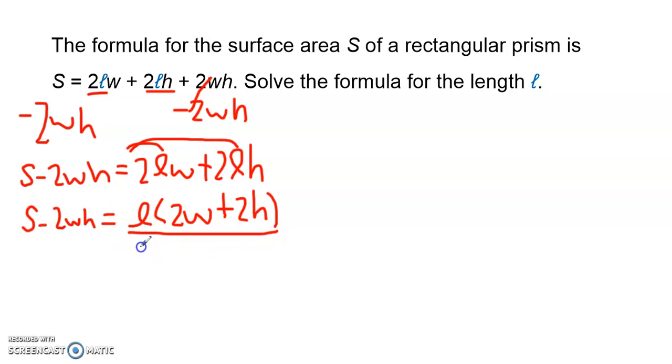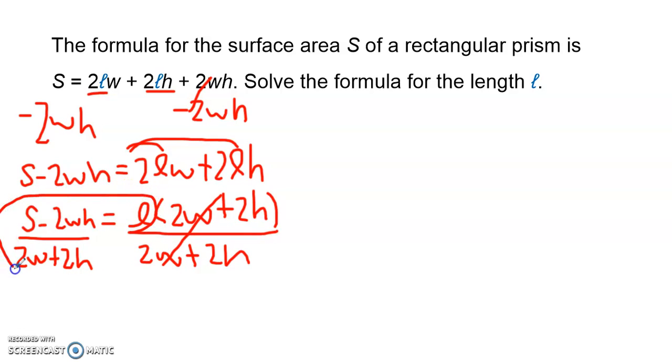So we'll divide by 2W plus 2H on both sides. That cancels. So L is equal to S minus 2WH over 2W plus 2H.